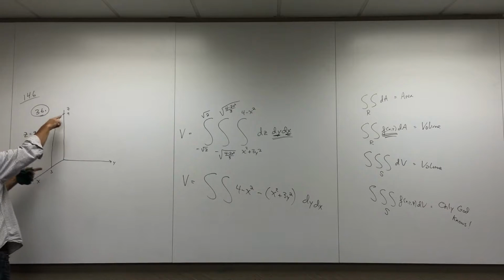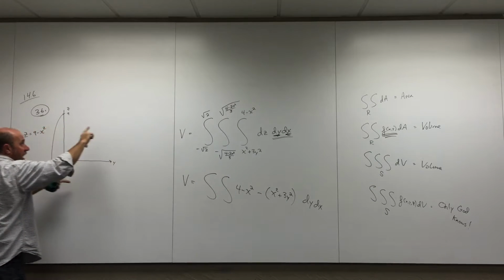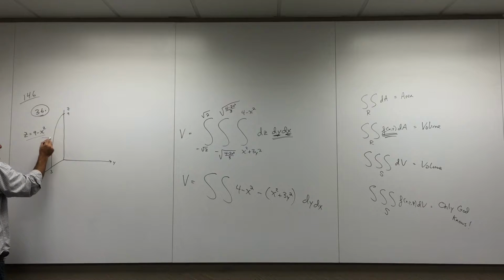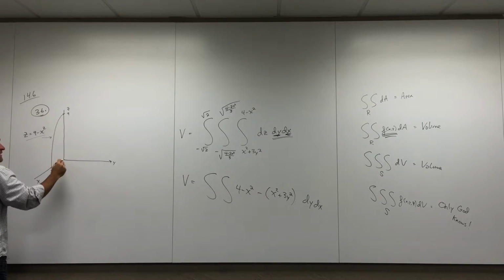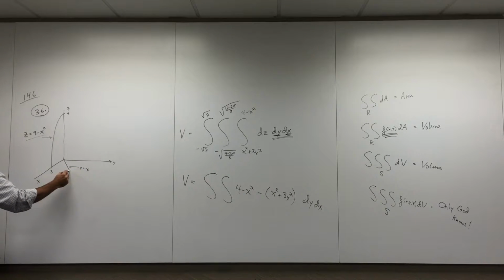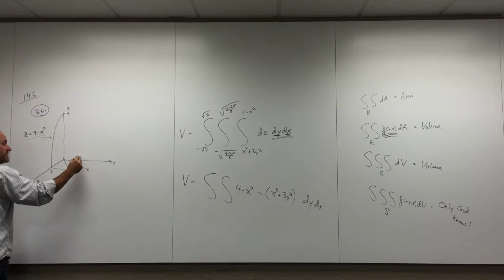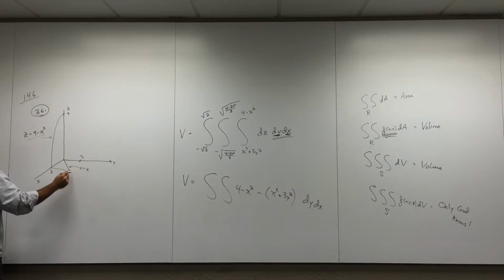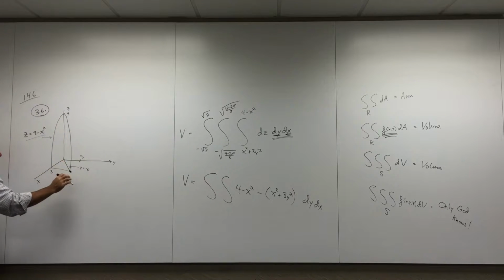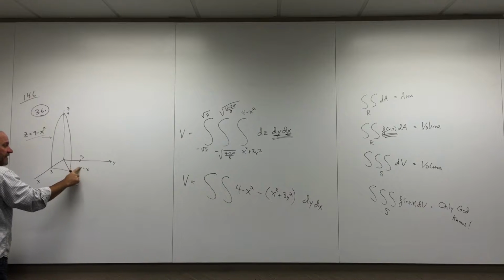Y is missing, so this parabola extends out into the y direction, but hold on. They cut it off right here with this plane y equals x. This is good old y equals x, which is a diagonal plane coming through here. They've got this touching here, so this is 3, this is 3, 3, and then this arcs down like this to this corner.